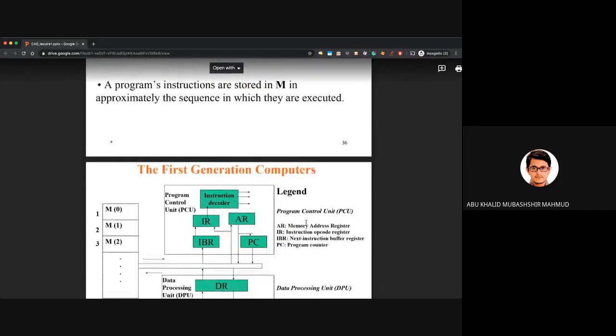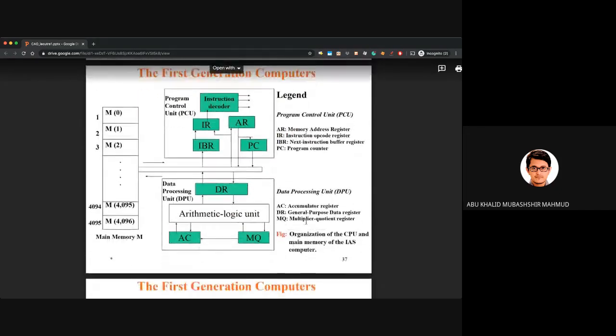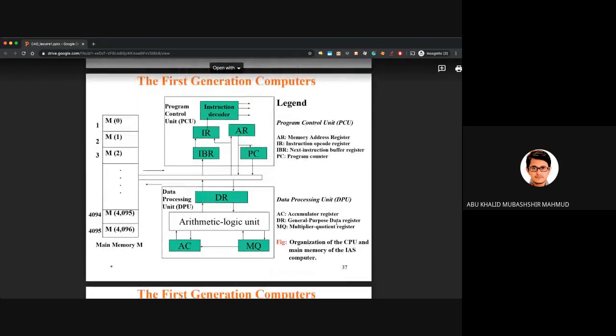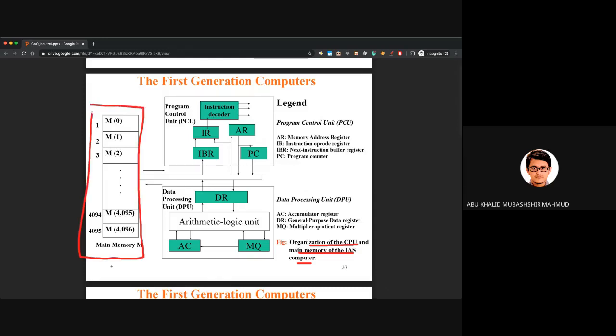Now then let's move forward. This is the figure of the organization of the CPU and the main memory of the IAS computer. Here we see this is the main memory, which stores around 4K words.